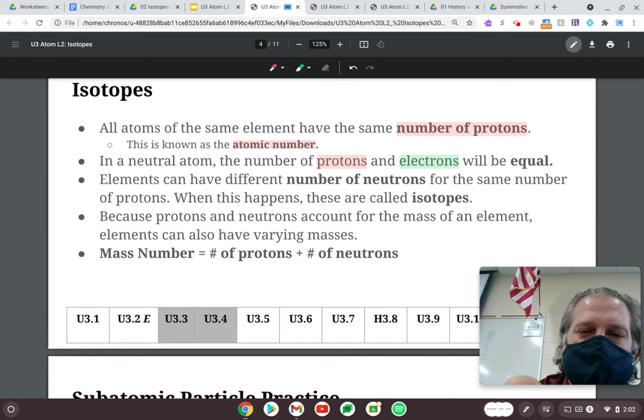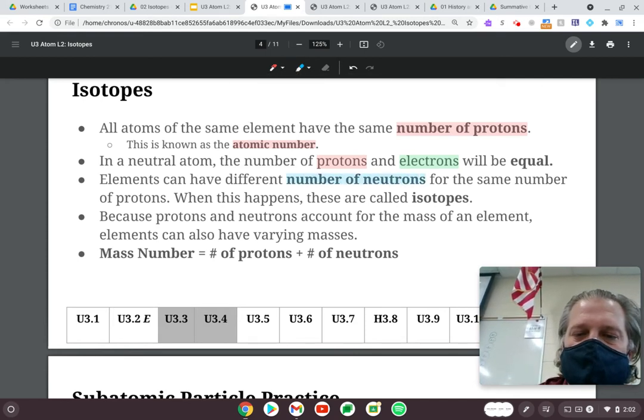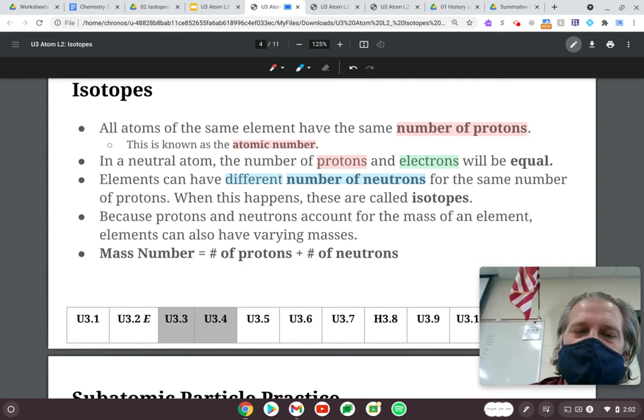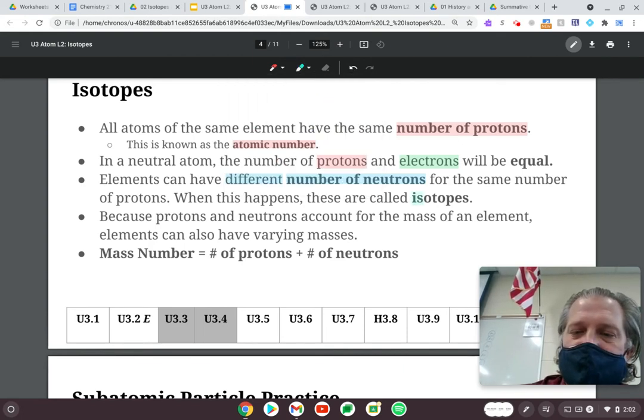But elements can have different numbers of neutrons. And when that happens, we call those types of atoms isotopes.